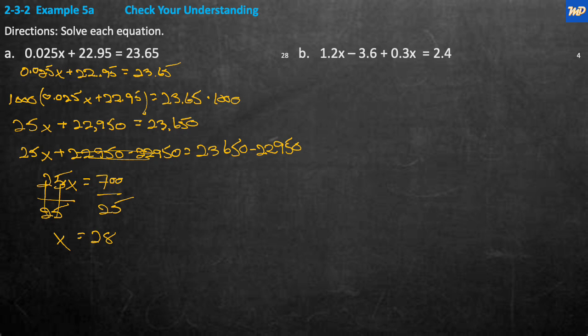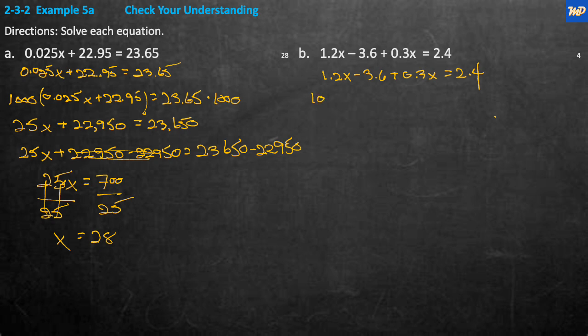In this case, all the terms are tenths. I'm going to rewrite the equation: 1.2x minus 3.6 plus 0.3x equals 2.4. Multiply everything by 10.